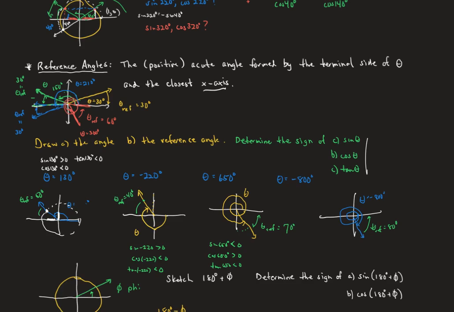And because we're in quadrant 4, the sine of negative 800 is going to be negative, the cosine of negative 800 is going to be positive, and the tangent of negative 800 will be negative.